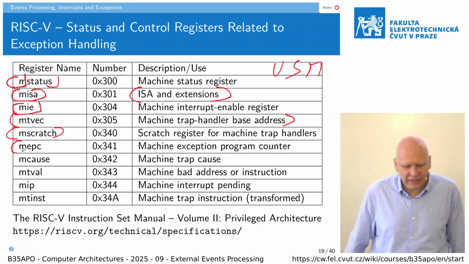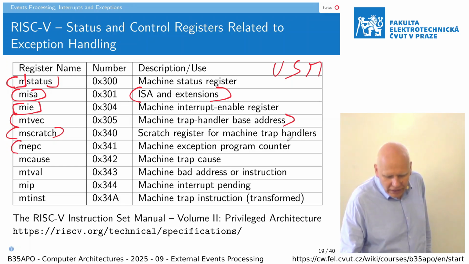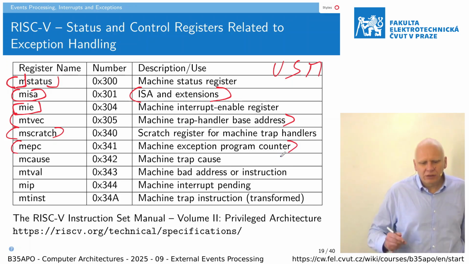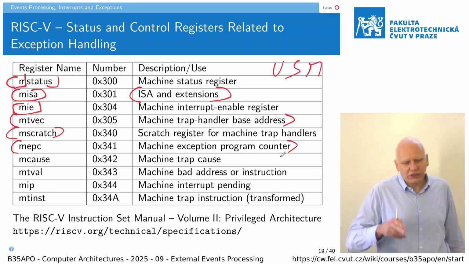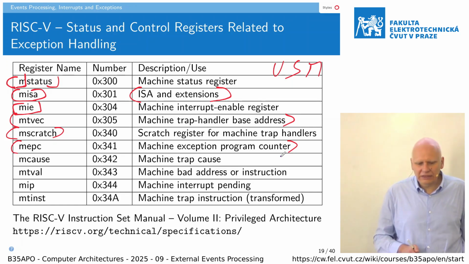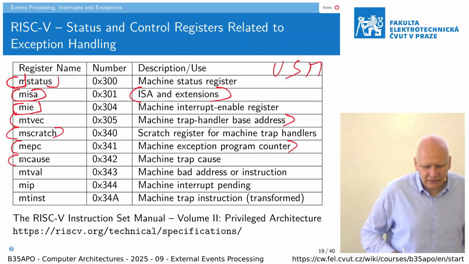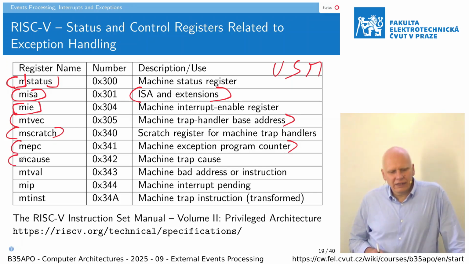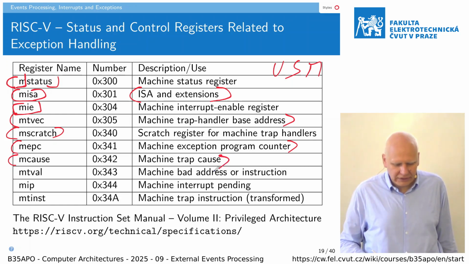Then there is the exception PC register, which stores the exception program counter. So basically it points to the instruction which caused the problem, or in the case of an external interrupt, to the next instruction which should be executed after the return. Then there is the cause register, where you can read which of the peripherals or exceptions should be processed.